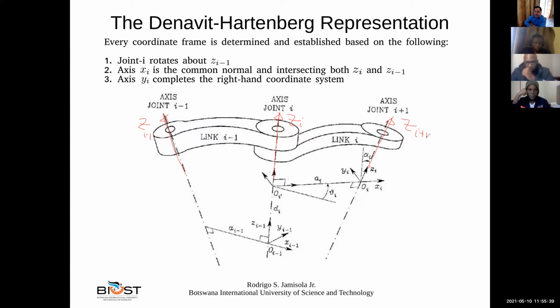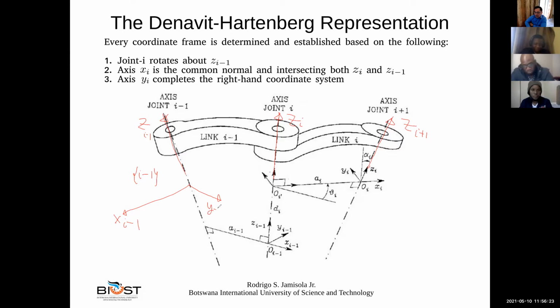Next, Xi is the common normal intersecting both Zi and Z(i-1). When we assign this, we are assuming that frame i-1 is already defined. That means if that is Z, it has X(i-1) here, and it has Y(i-1) here.